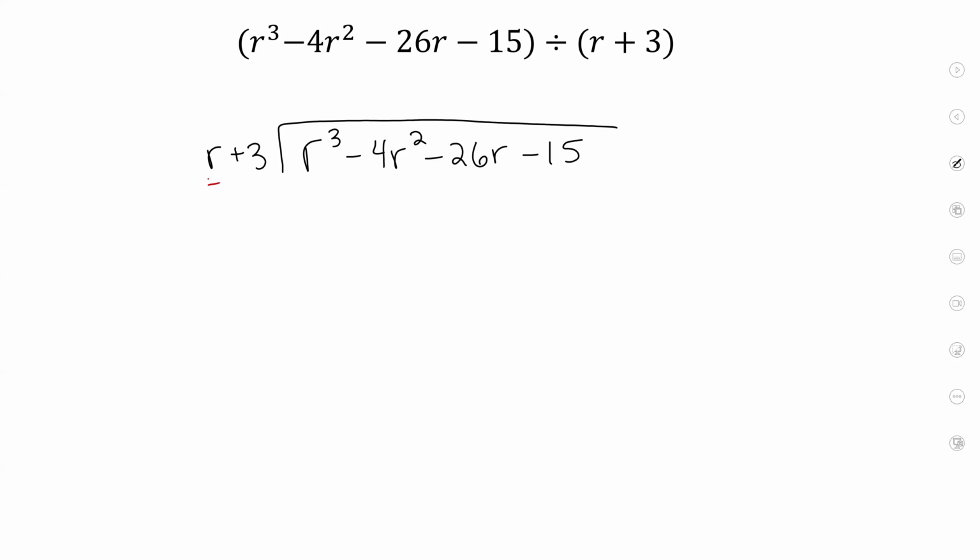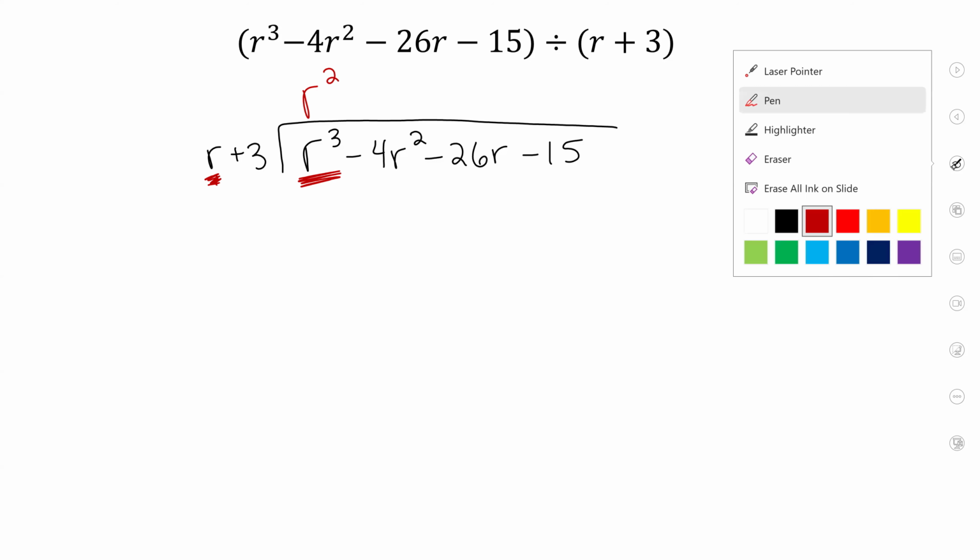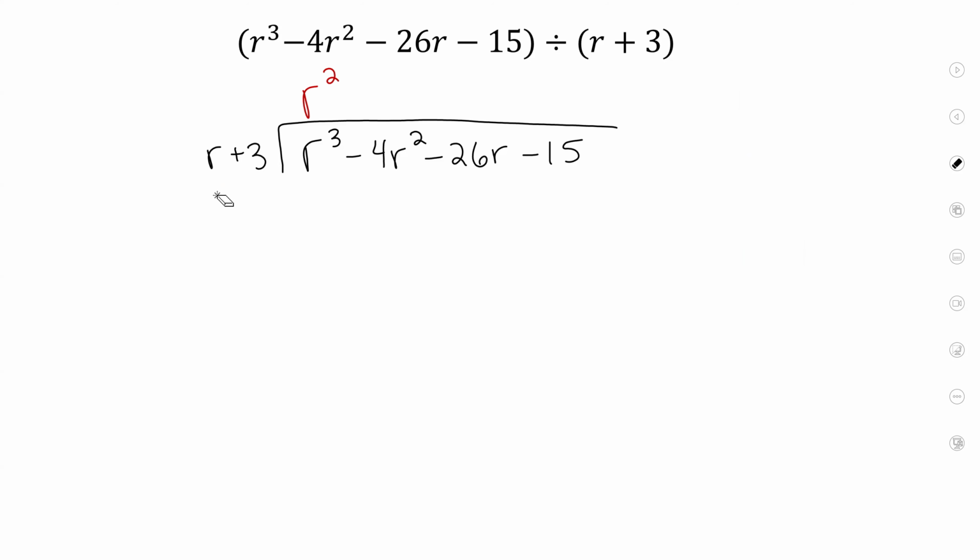R times what will give you r cubed? R squared. Now, in the same way, we're going to multiply. So, r times r squared is r cubed. 3 times r squared is 3r squared.